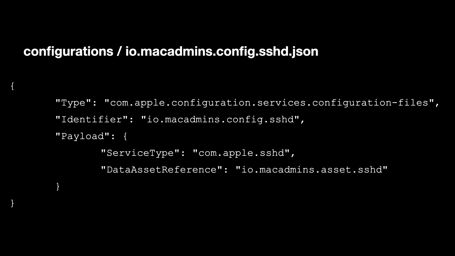And the benefit of managing a file through a declaration is that it gets saved on disk to a SIP protected directory. So you can think of this as a way to tamper-proof some of these config files, like for SSH or bash.